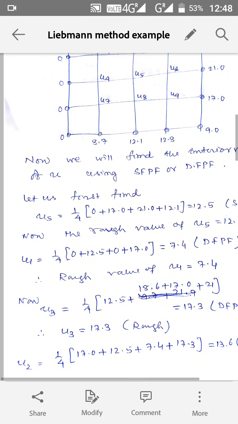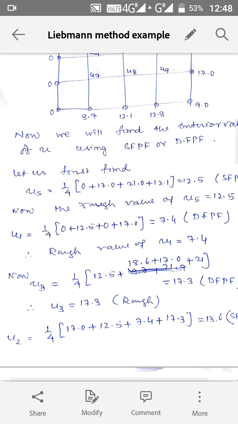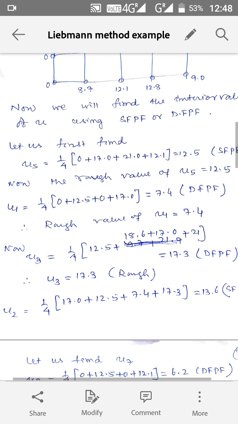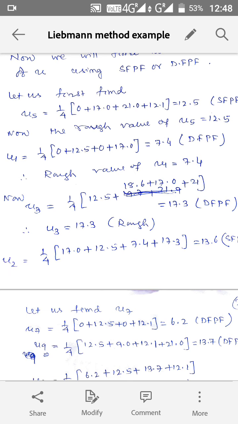Now we can calculate u3 in a similar manner. So u5 is known, so we can go for the diagonal 5-point formula, and u3 will be 1/4 (12.5 + 18.6 + 17.0 + 21), which is nothing but 17.3, and that is obtained by the diagonal 5-point formula. So we got the rough values of u1, u3 and u5. Now similarly you calculate the rough value of u2.